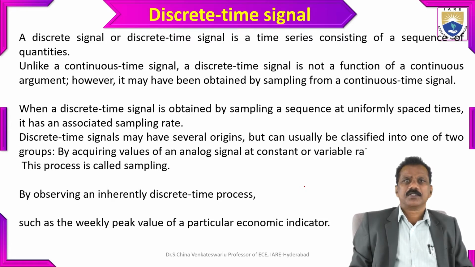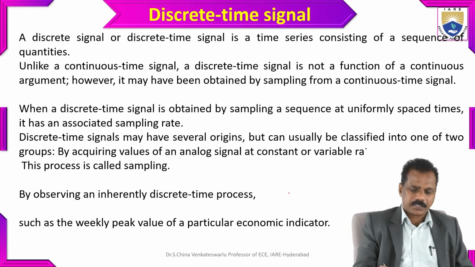The discrete time signal is a time series consisting of a sequence of quantities. Unlike a CTS, continuous time signal, which is followed by x of t, the discrete time signal is followed by x of n.